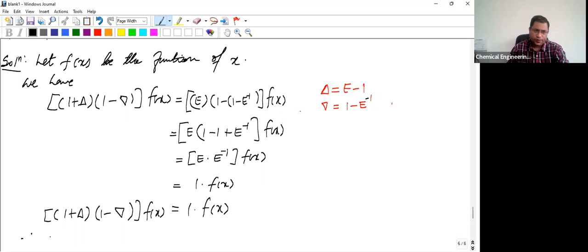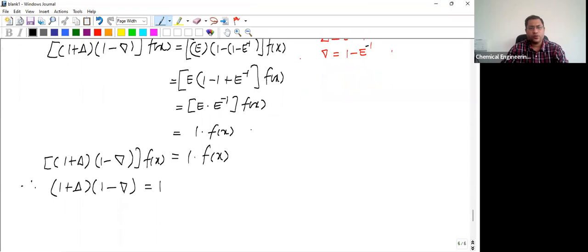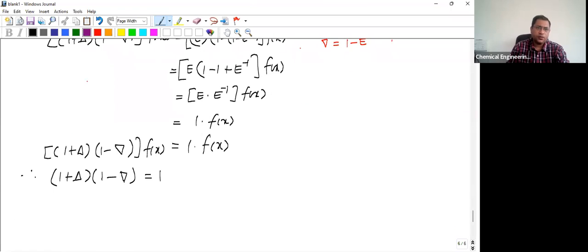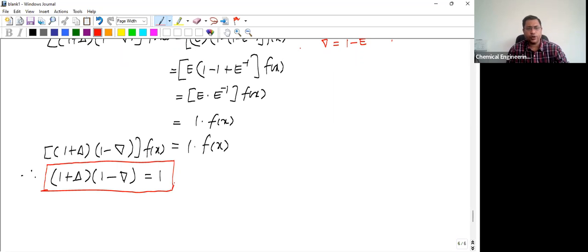And hence we can say that 1 plus delta into 1 minus del is equal to 1. So here we proved that 1 plus delta into 1 minus del is going to be 1.